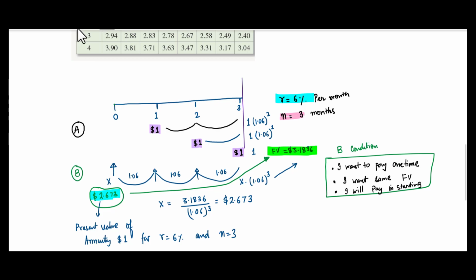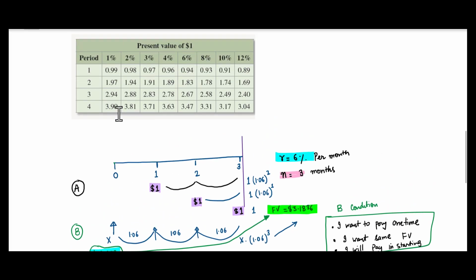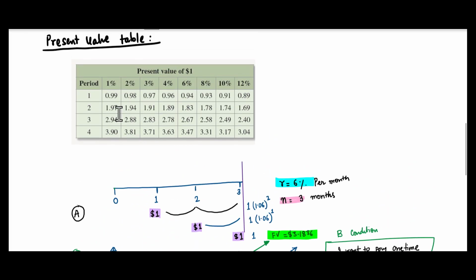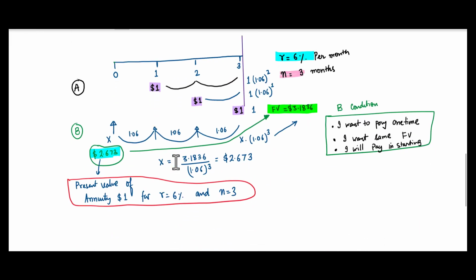If you look at this value in a table, it is exactly the same. If you look at 6% and 3, the value is 2.67, which is exactly the same as what we got here.